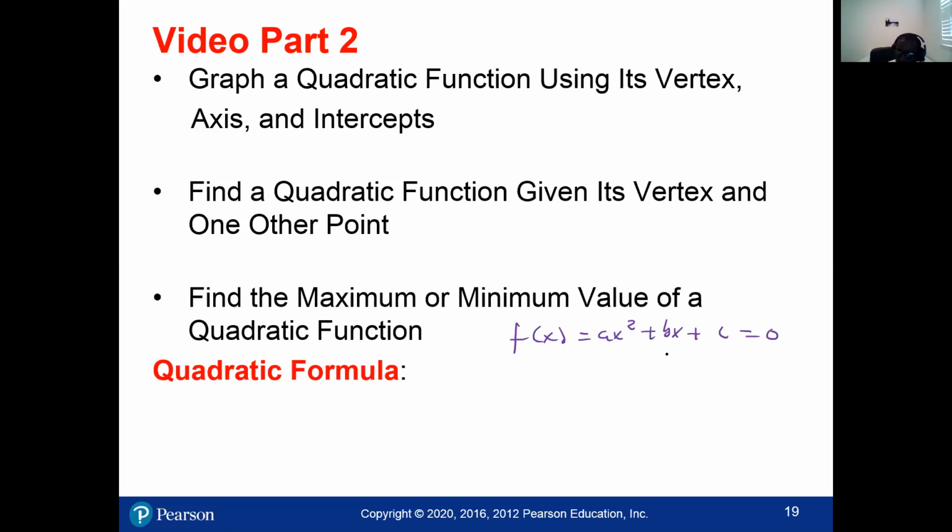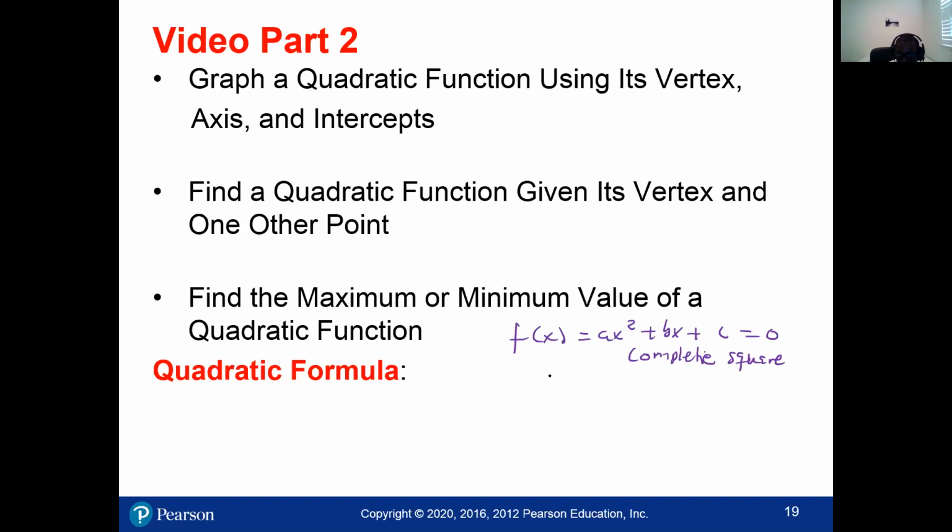Now, this formula is derived by completing the square. If I complete the square of this original function and set it to 0, we get this.